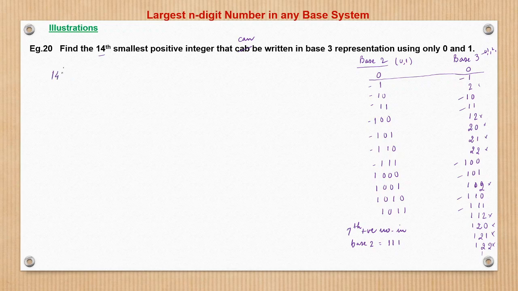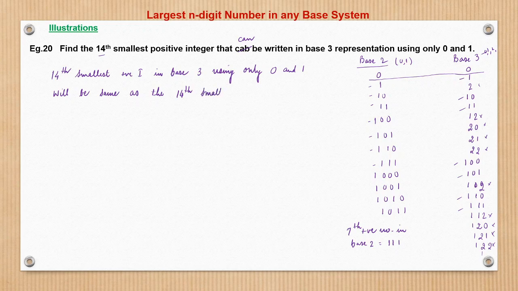So here I write: the 14th smallest positive integer in base 3 using only 0 and 1 will be the same as the 14th smallest number in base 2.